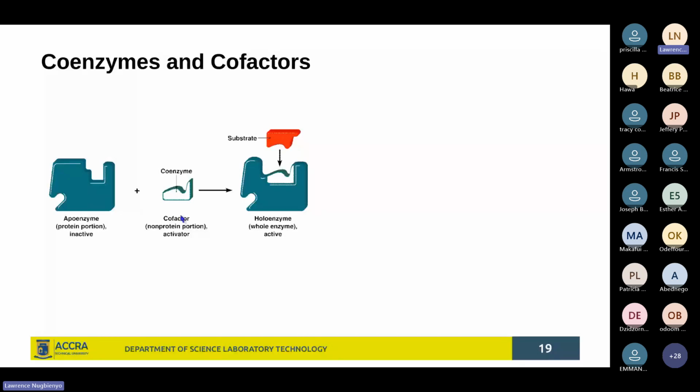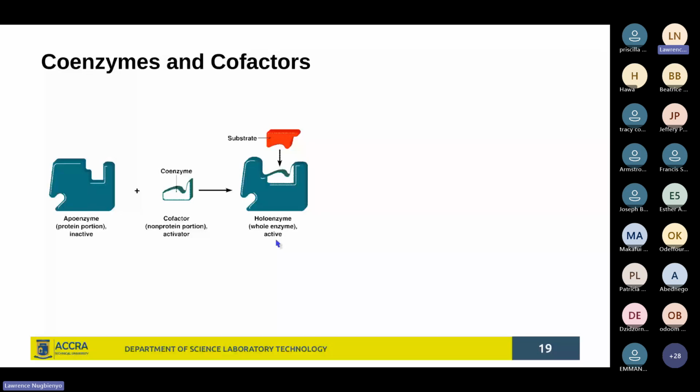So you see here the enzyme, the protein part. When the cofactor or the coenzyme gets attached onto the enzyme, it becomes a holoenzyme. Call it so. That is a whole enzyme or an active enzyme.